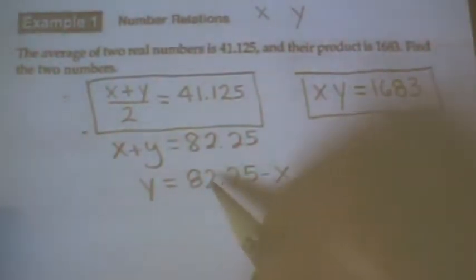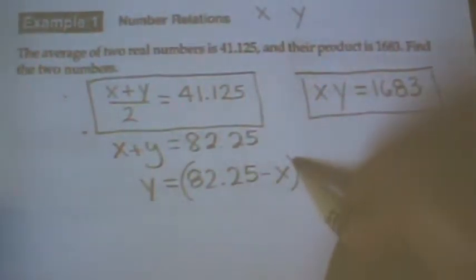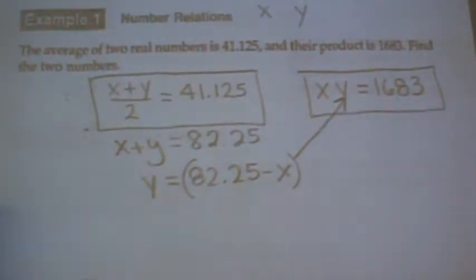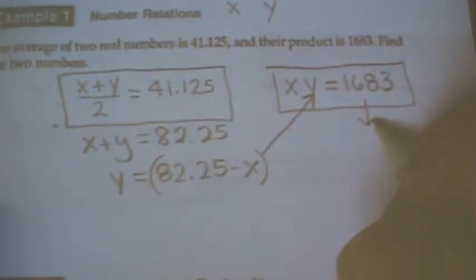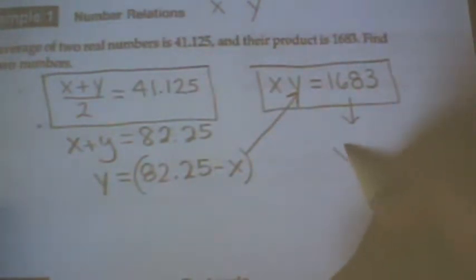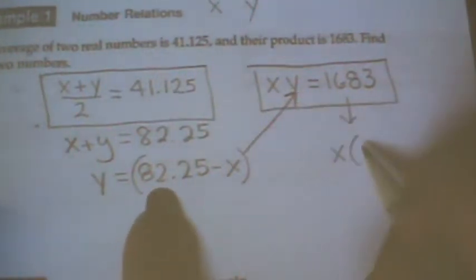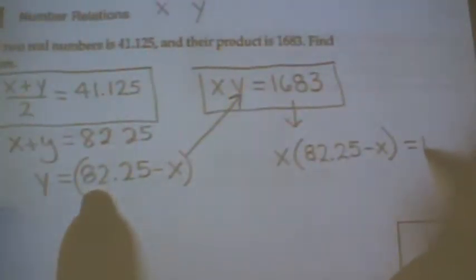So now you're going to merge these two equations. Okay, so we're going to rewrite this equation as X times, what's another name for Y? 82.25 minus X. And then equals 1683.